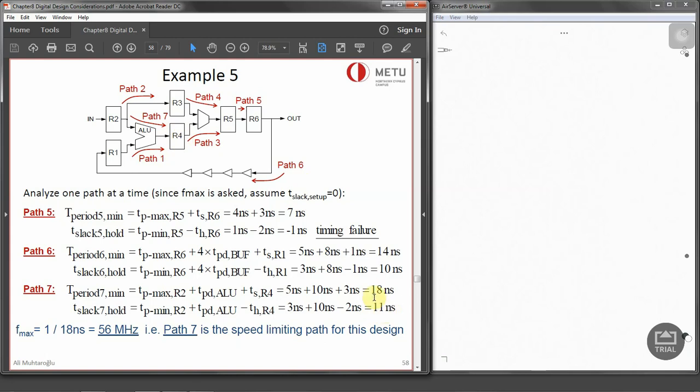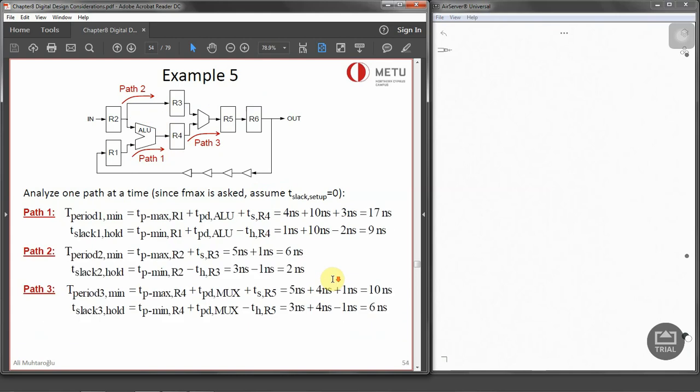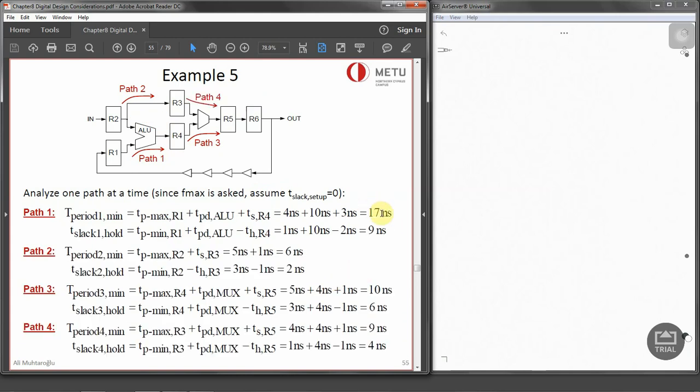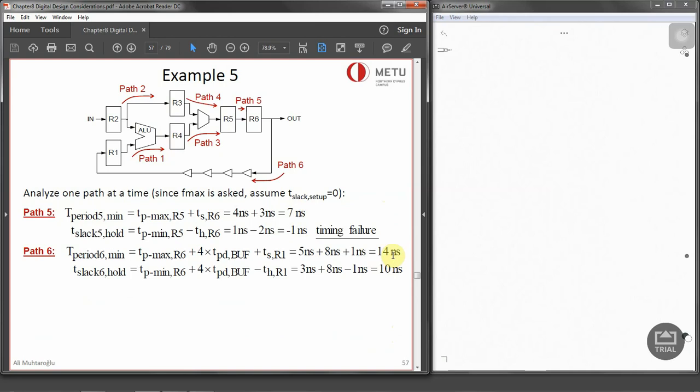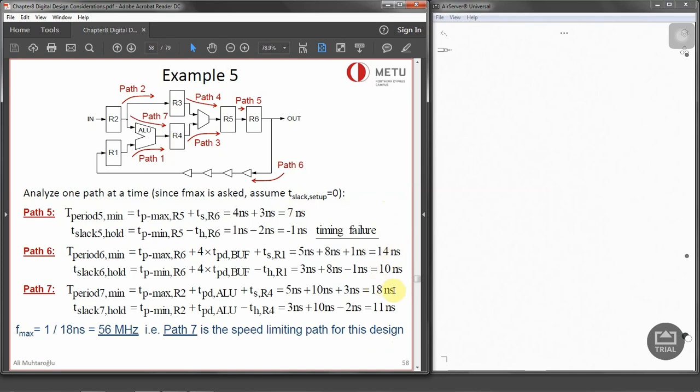So for the Fmax, we have got 7 paths. From the 7 paths, we have got 17 nanoseconds, 6 nanoseconds, 10 nanoseconds, 9 nanoseconds, 7 nanoseconds, 14 nanoseconds, and 18 nanoseconds. So the largest delay that we have got in the paths is from R2 to R4, which is path 7.